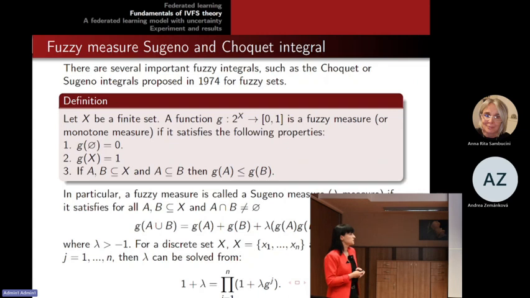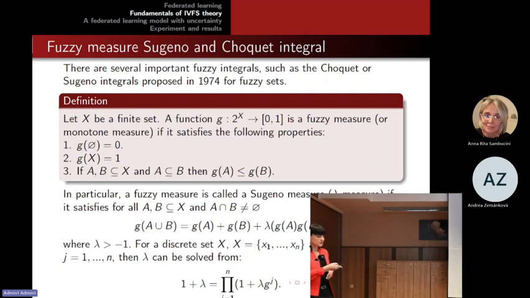With our team, we study different aggregations; especially we compare the arithmetic mean results with Sugeno and Choquet integrals, which will be presented here. Both of these integrals are based on the fuzzy measure.